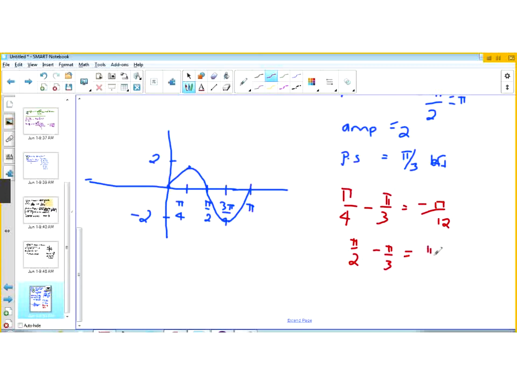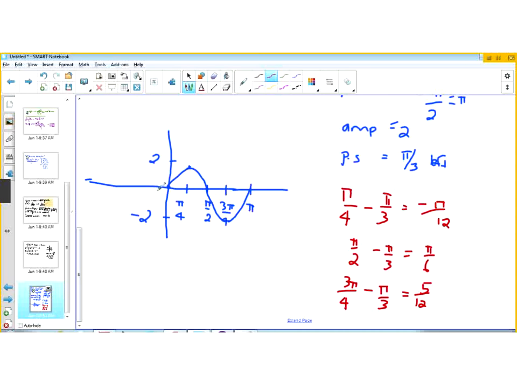That's pi over 6. What is 3 pi over 4 minus pi thirds? That's 9/12 minus 4/12, which is 5 pi over 12. And then pi minus pi thirds is 2 pi over 3.